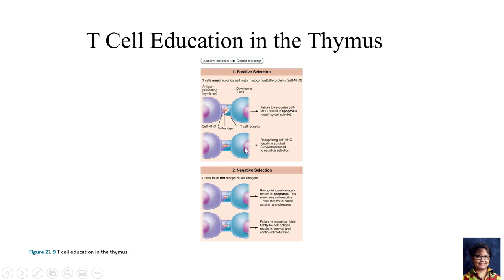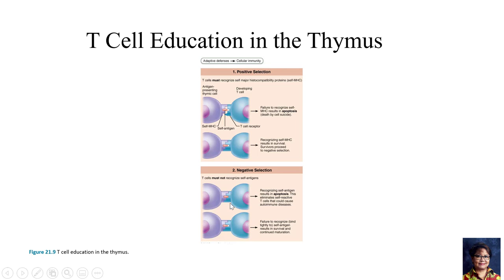This lymphocyte here is going to develop good immunocompetence because it is not latching to the self antigen, which means it knows that that is a self antigen and it should not latch on it and should not kill it. However, this one here is a negative selection. Take note that it latches straight onto the self right there. Recognizing the self antigen will result in apoptosis.